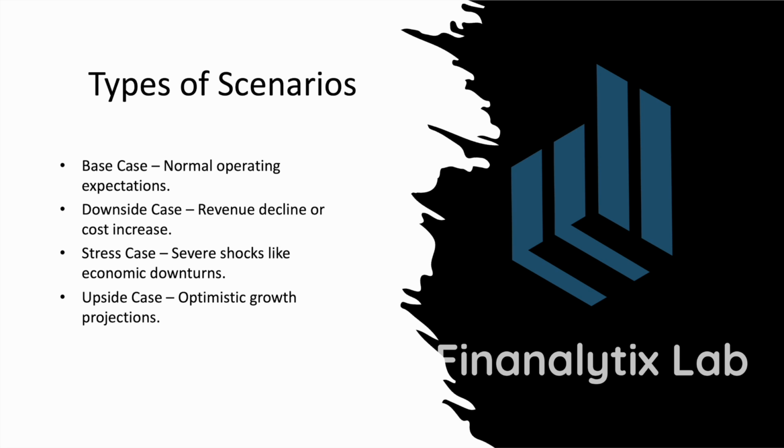So, in a nutshell, lenders use scenario modeling to understand borrower risk profiles, test covenant strength, plan for downside protection, and ensure debt serviceability. Best practices they use are making realistic assumptions, including downside stress tests, and focusing on cash flow and covenants metrics.